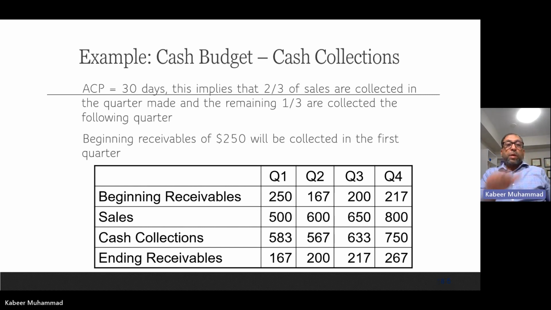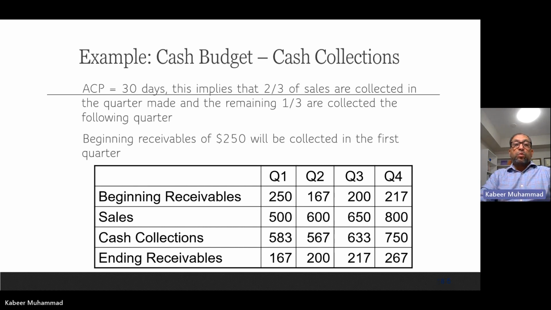We start with the beginning receivables of 250, which is given clearly. Sales are 500 for the quarter. How much is the cash collection?